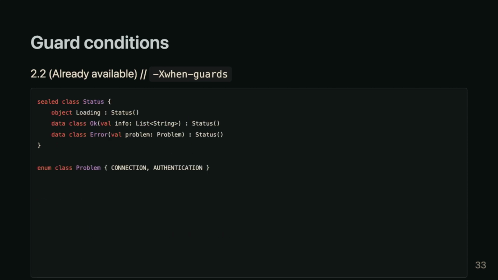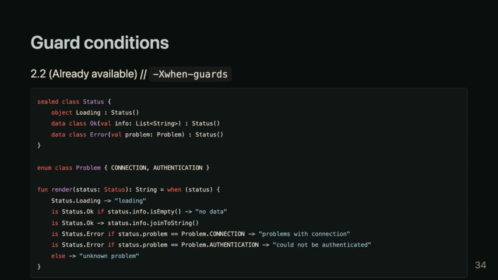Just a more complex example, and maybe a more real-world example. You probably have some sort of code like this in your app right now. I know we do. So you'll get some sort of status back from, let's say, an API. It could be loading, or it could be an OK status, and you have some data, or you have an error. So when you actually act upon this result that is the status type, you could say, if it's loading, do something.